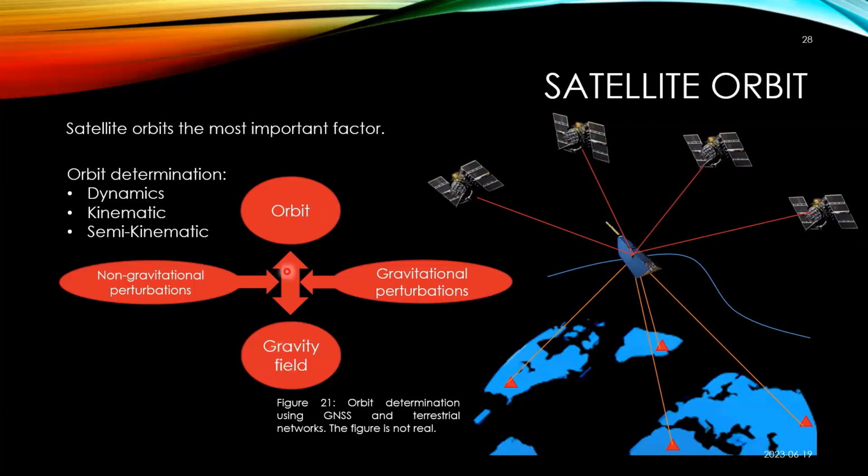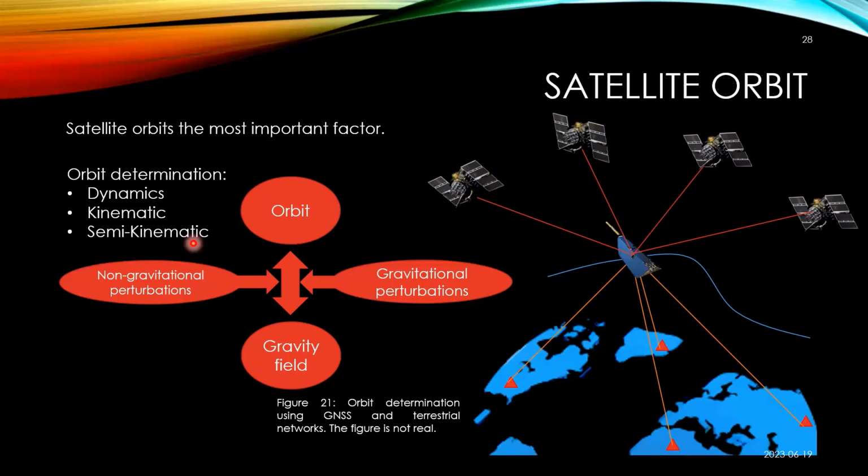Almanac data, or the predicted orbit, is actually determined based on this principle. They use the gravity field and these forces, and generate the orbit. This type of orbit determination method is called dynamic orbit determination. And when we combine them, it is called reduced-dynamic.